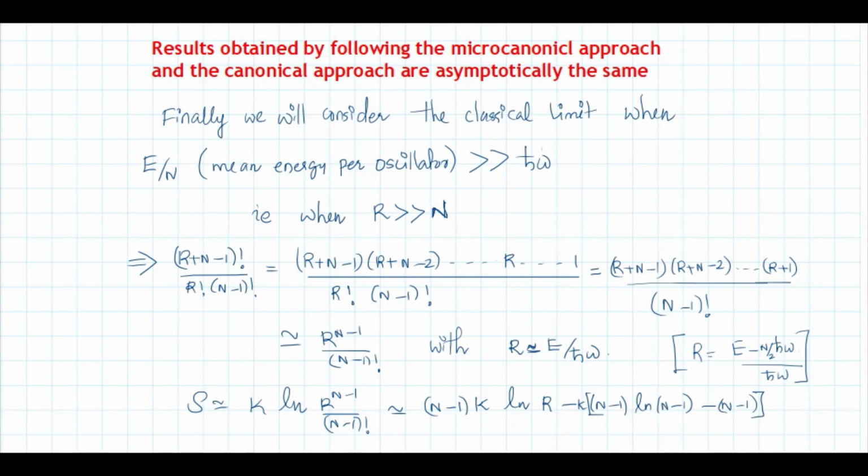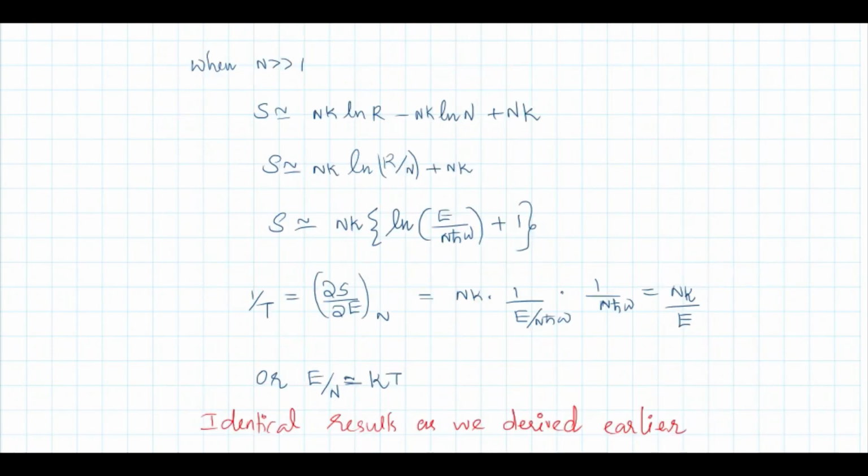R is very much greater than N, but N is also very much greater than 1, so you can neglect these ones. So you can write it as Nk log R minus Nk log N plus Nk. That is Nk times log (R by N) plus Nk. But R is nothing but E by h cut omega. So S is approximately Nk times [log (E by N h cut omega) plus 1].